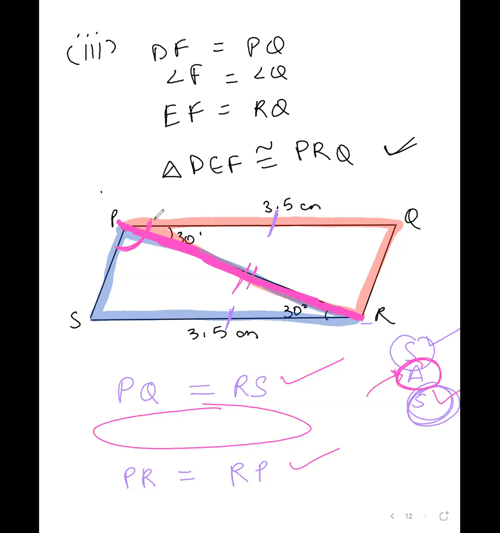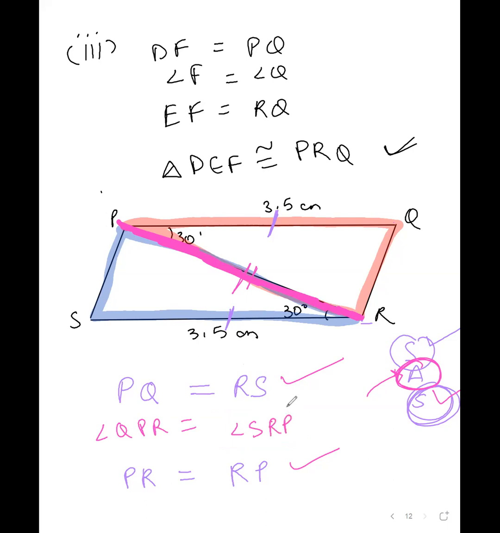Okay. So that's why we have to make it specific what this 30 degrees that we're talking about, what is its specific name? What can we call it? Can you tell me what is the name of this angle in this triangle, in the red triangle? QPR. Very good. So angle QPR is equal to angle SRP.